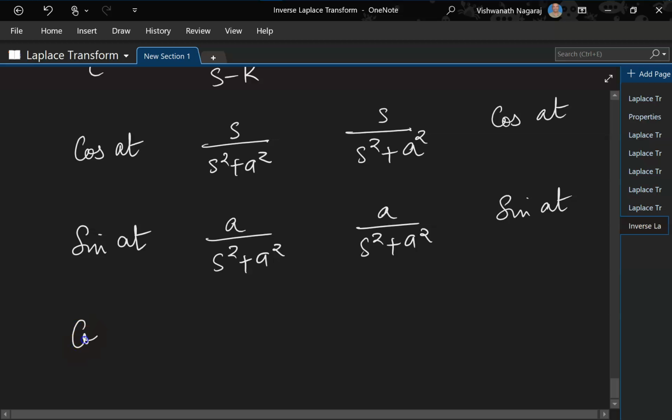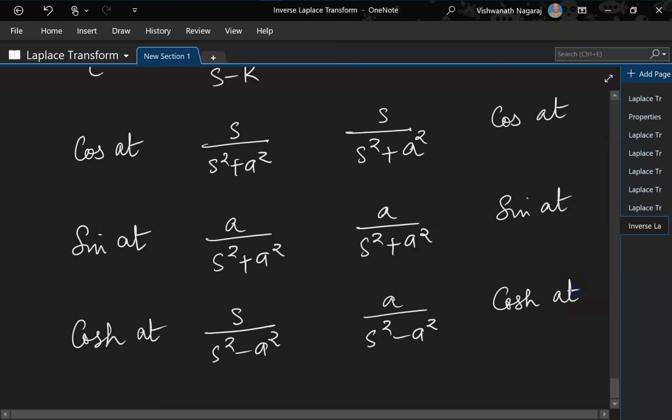Now, if it is hyperbolic cos of at, then it is what? Instead of s square plus a square, it is s square minus a square. So s by s square minus a square is cosh at.